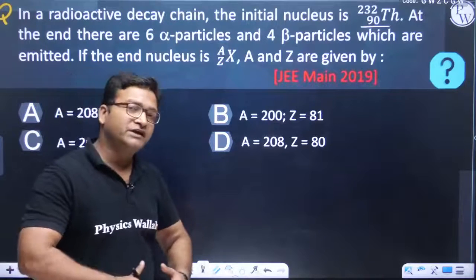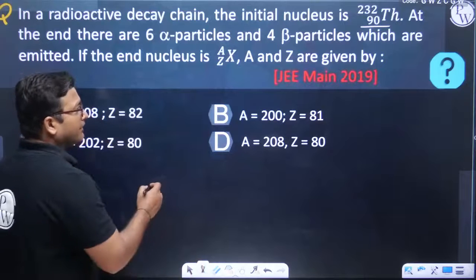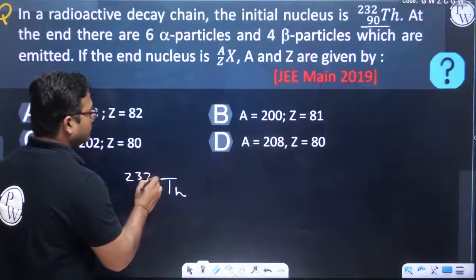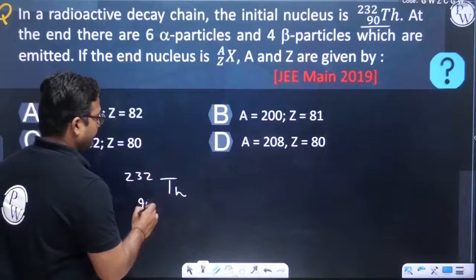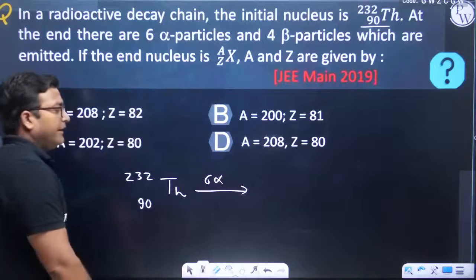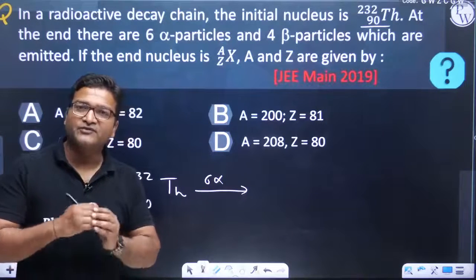Let us see what change it is going to make in the initial element. So initially we have thorium 232 and 90. If it emits 6 alpha, in 6 alpha, 12 protons and 12 neutrons must be missing.